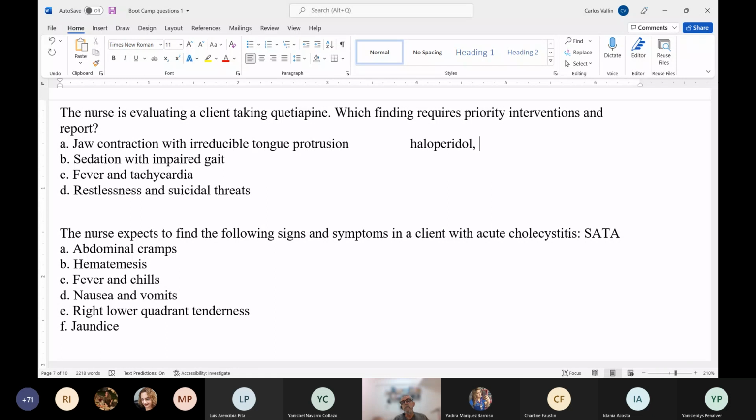Tardive dyskinesia, akathisia, acute dystonia, Parkinsonism, neuroleptic malignant syndrome, etc. But you have new antipsychotics that are used more frequently. The most important to remember is clozapine, which is super frequently tested because it has a very specific adverse effect: it can produce depression of the bone marrow, causing leukopenia, neutropenia, agranulocytosis, that maybe you heard before.